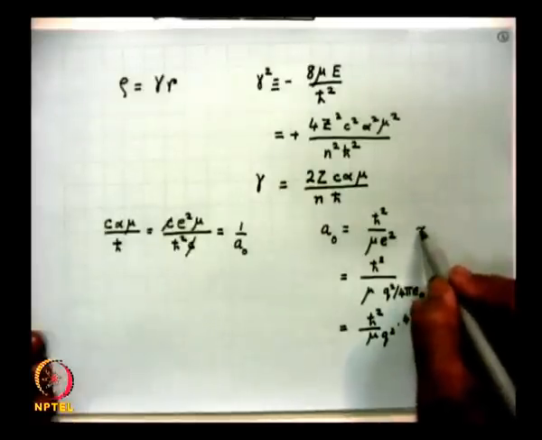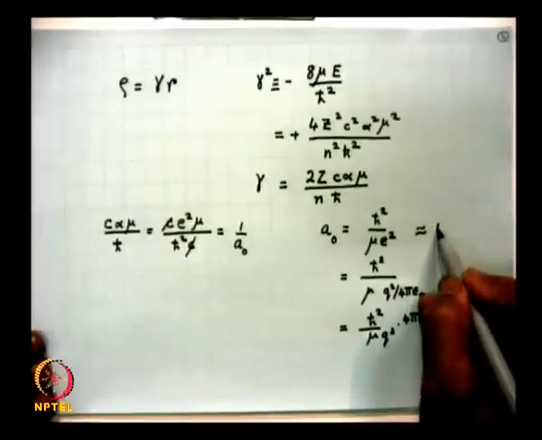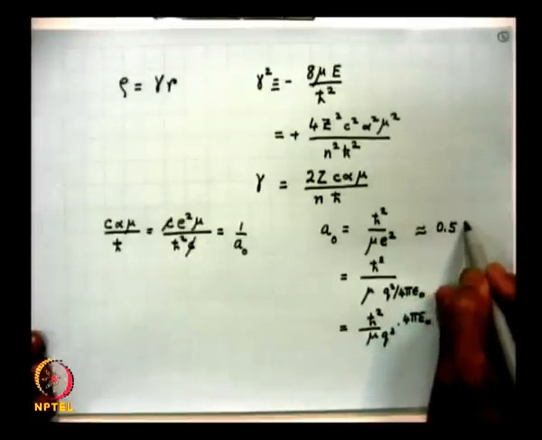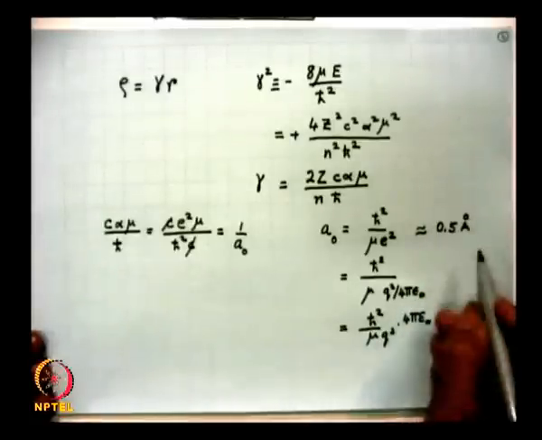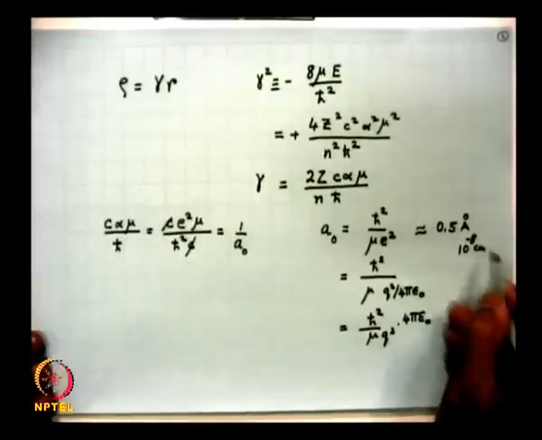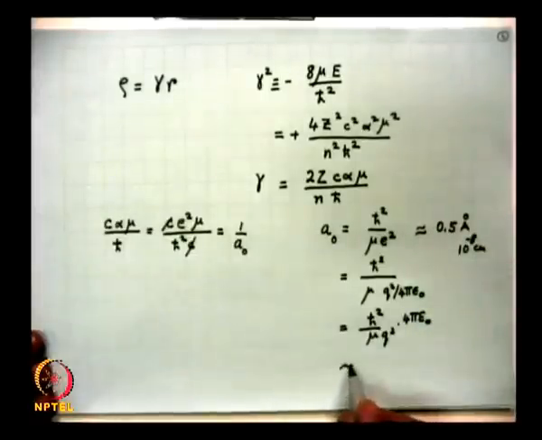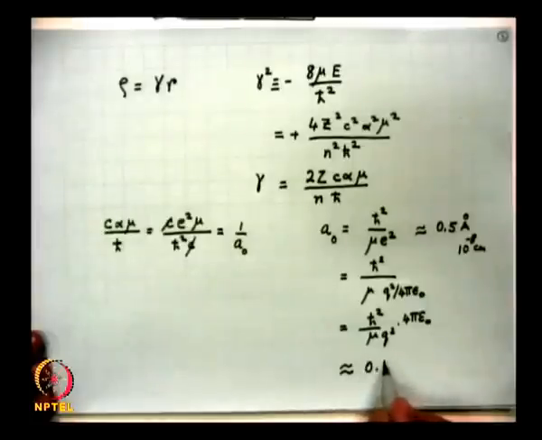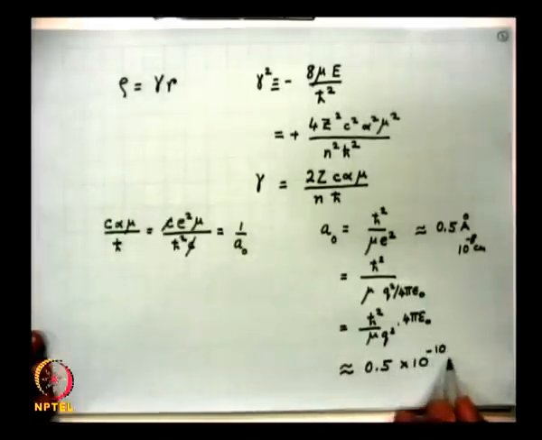The value of the Bohr radius, as you must be knowing, is about half of an angstrom. Angstrom is 10 to the power of minus 8 centimeters, or this is equal to about 0.5 into 10 to the power of minus 10 meter.